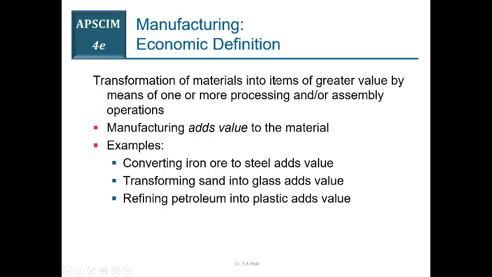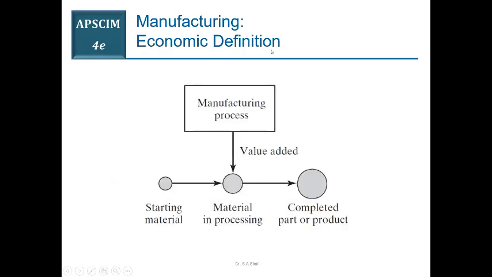So any activity that adds capital to the raw material, or to the material that will be processed, is basically manufacturing activity. So within that system, which is a manufacturing system, you will see manufacturing processes, and those manufacturing processes are basically the value added processes.